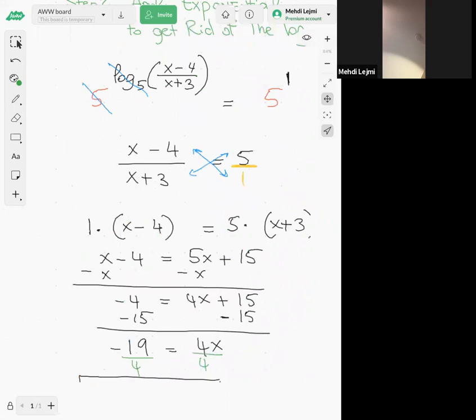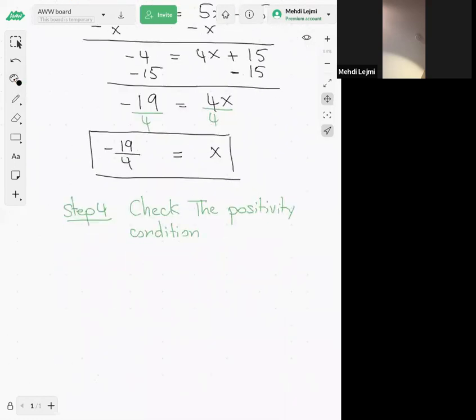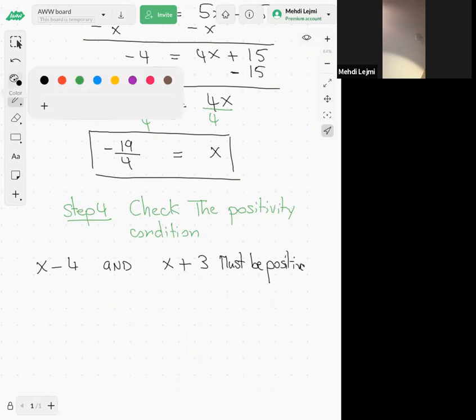So x minus 4 and x plus 3 must be positive. I got this x equal to negative 19 over 4, right?